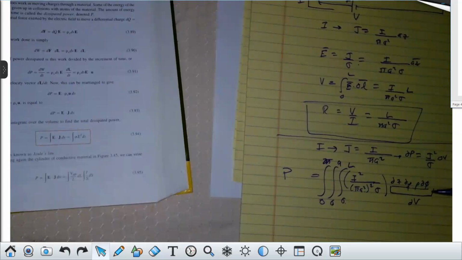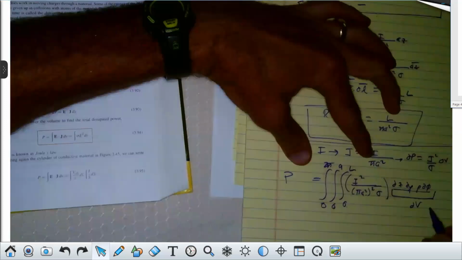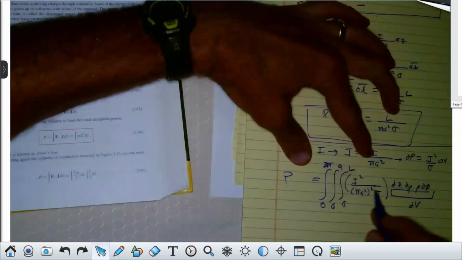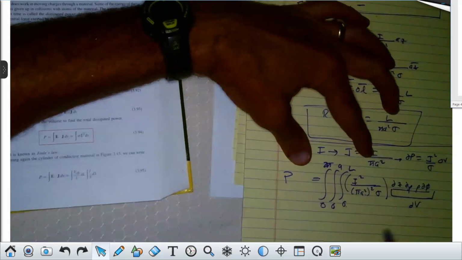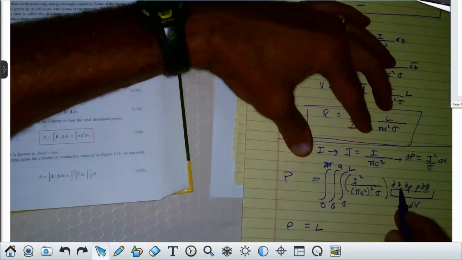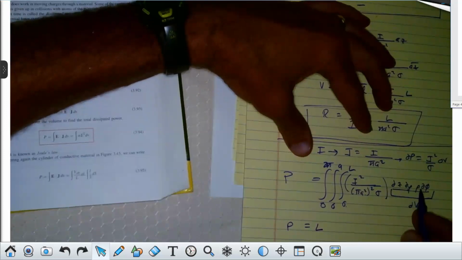Okay. Now, if you look at this, nothing in here is a function of rho, z, or phi, is it? Right? Nothing in there is a function of either of these. So when I integrate dz to get the total power, I'll get z evaluated from 0 to L, which is just L, right? Then when I integrate d rho times rho, that's this part, I get rho squared over 2.